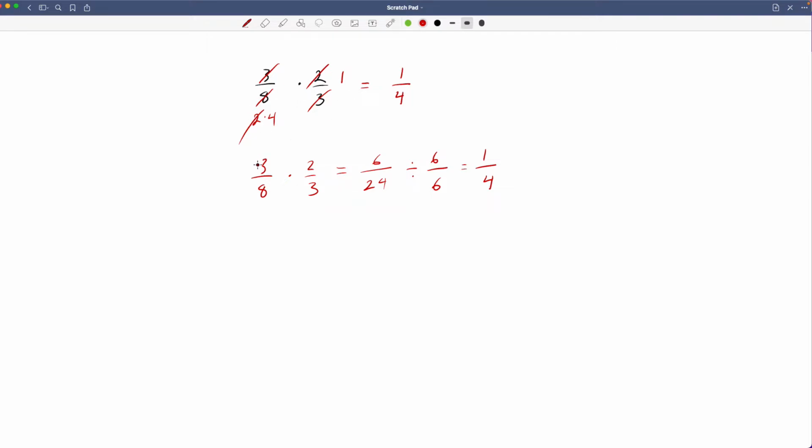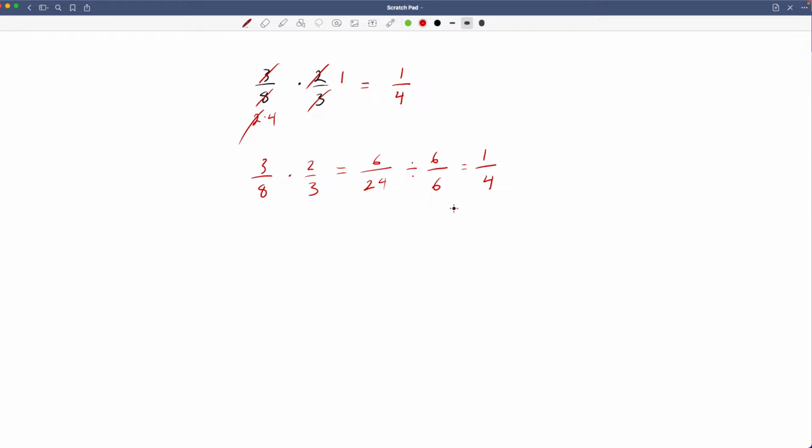This way was just a little bit faster than this way. So the way that you want to do this is by finding a common factor for the top and bottom and eliminating it, or what we call canceling it, before you complete any of the multiplication.